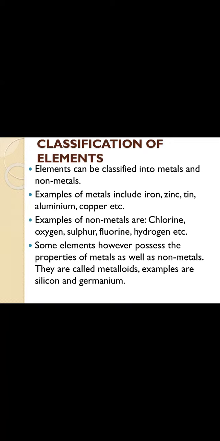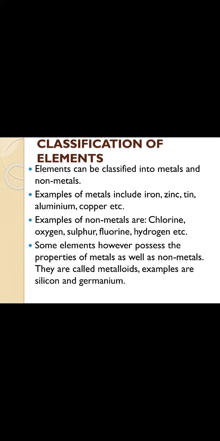Before they become electrically charged, there's a need for such elements to lose an electron. Example is sodium, a metal. Iron is a metal. Aluminum is a metal. So before sodium can become ionized, it has to lose an electron. So such elements are referred to as metals.